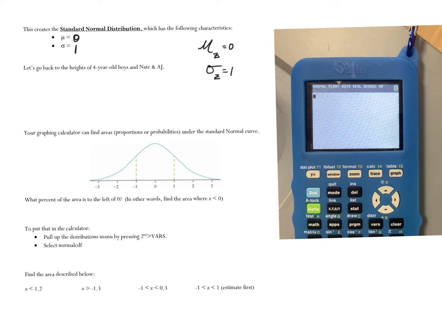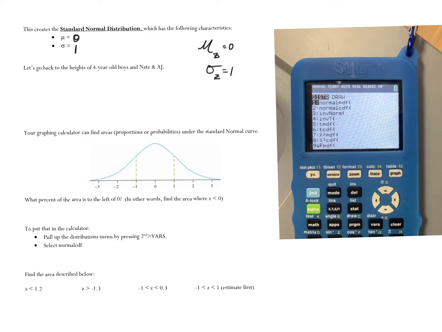Do you see where it says distr right above the vars button? Go ahead and hit second vars to bring up the distribution menu. That was never the distributive property, right? It's the distributions menu. And inside this menu, your calculator has a ton of pre-known, easy to calculate distributions.